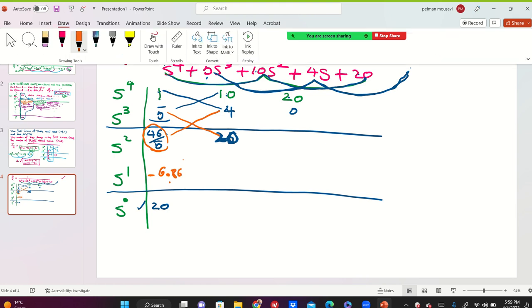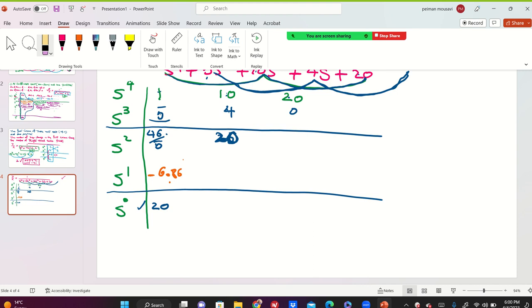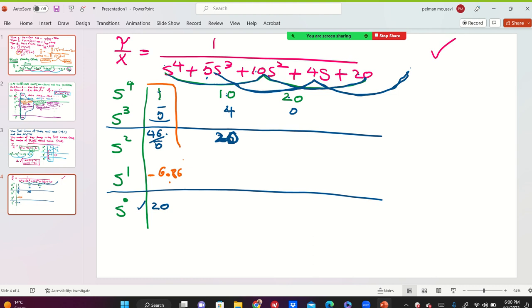Now I'm going to delete everything to make it clear. Okay, good. Now I have to select the first column: 1, 5, 46 divided by 1, minus 20.